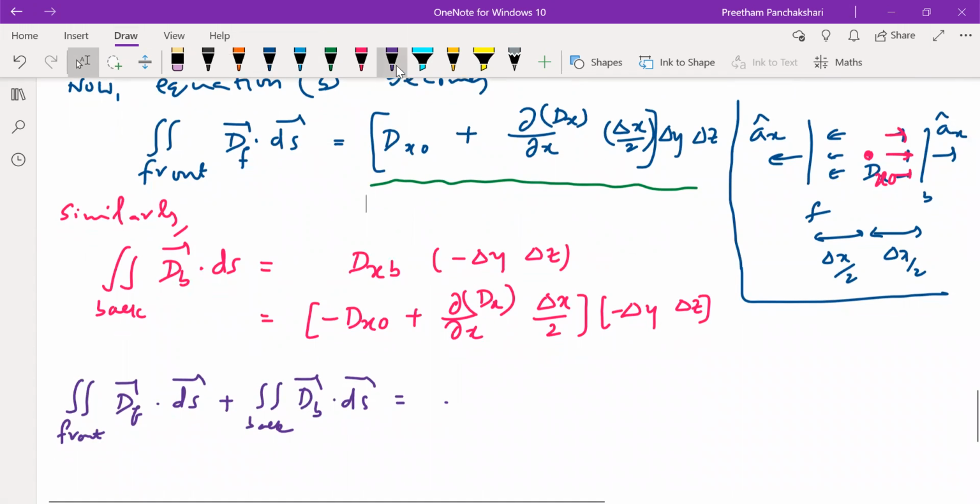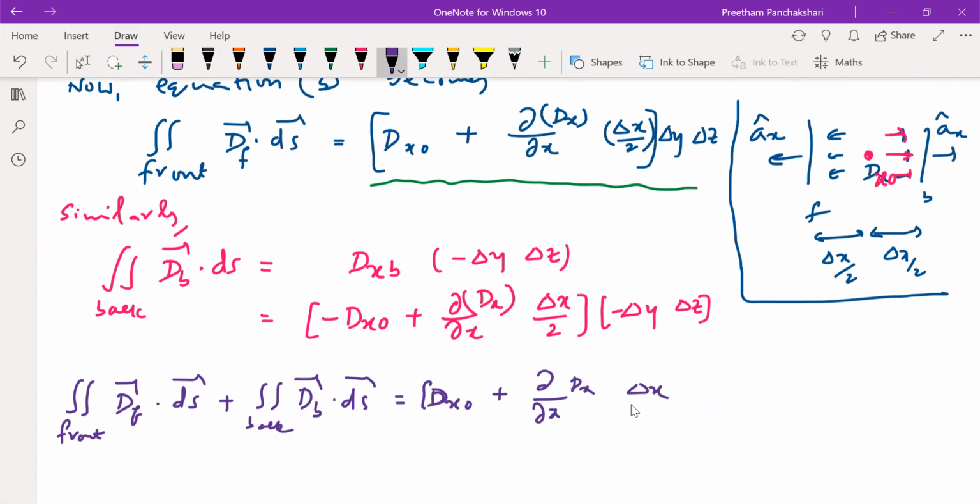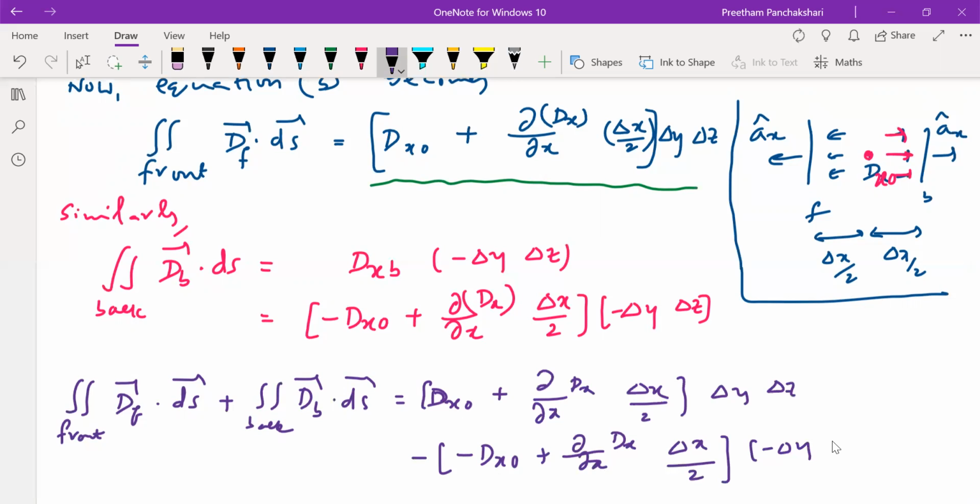So the value we got for the front face is dxo plus the partial differentiation of dx into delta x by 2, times delta y into delta z. If this quantity is positive, then whatever value we got for the back face should be subtracted from the value of the front face to get the algebraic sum. So then it's going to be minus dxo plus the partial differentiation of dx into delta x by 2, times minus delta y into delta z.